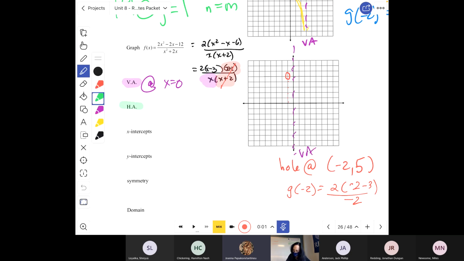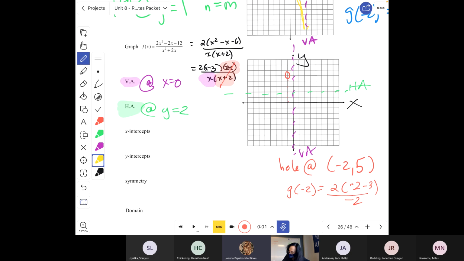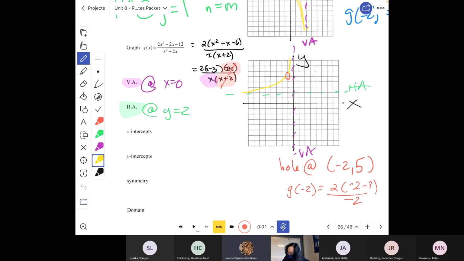Mia, you're dying to tell me my horizontal asymptote. What is my horizontal asymptote? That was 2. So I know this piece of my graph, right? The question is, to the right of my y-axis, am I up here or am I down here?